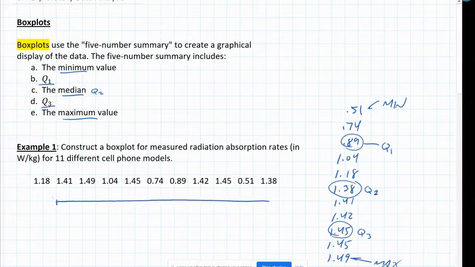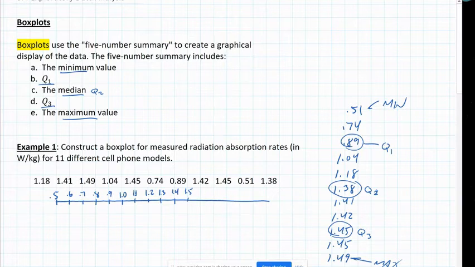I'm going to call this 0.5, 0.6, 0.7, 0.8, 0.9, 1.0, 1.1, 1.2, 1.3, 1.4, 1.5.